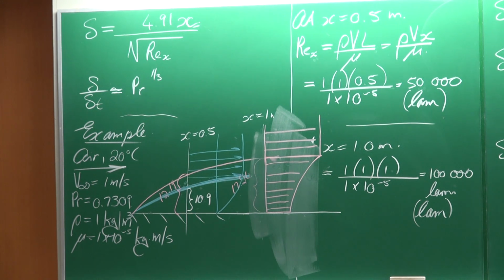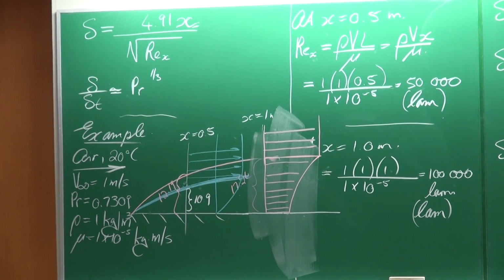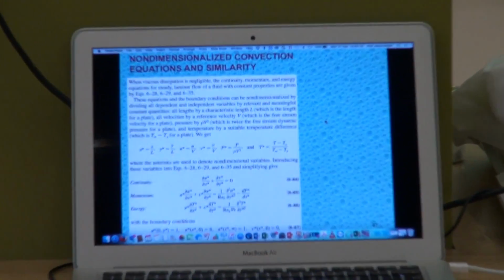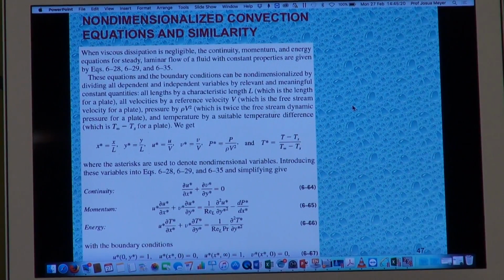Good. Now we're going to go through the theory again very quickly. Lots of equations. I'm just going to highlight some of the most important ones to you. Specifically paragraph 6.9, it's already there on the screen, the non-dimensionalized convection equations and similarity. So again, what we do is we look at the continuity equation, the momentum equation, and the energy equation, and we non-dimensionalize everything.